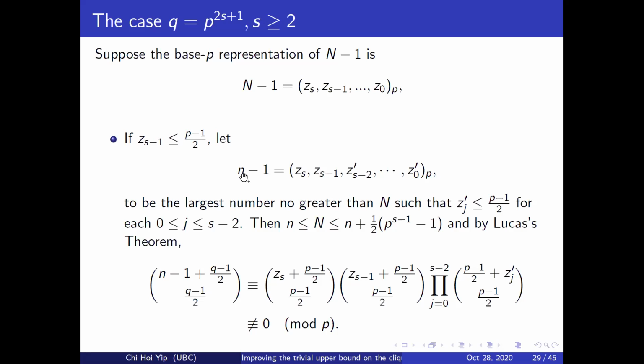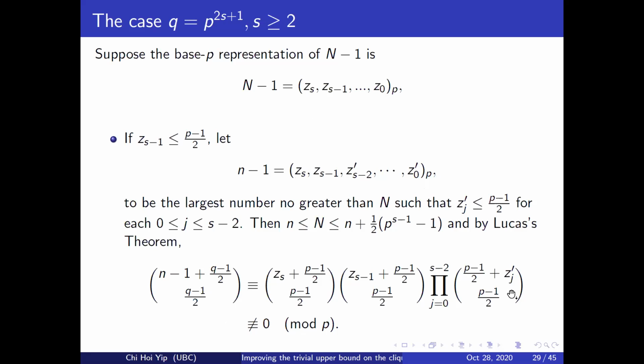Then we can pick n minus 1 to be this one. So we keep the first two digits, and for the remaining digits, we want them to be as large as possible, but bounded by (p minus 1)/2. If we pick little n in this way, then the difference between capital N and little n will be relatively small. And we can use Lucas theorem to show that this is non-zero.